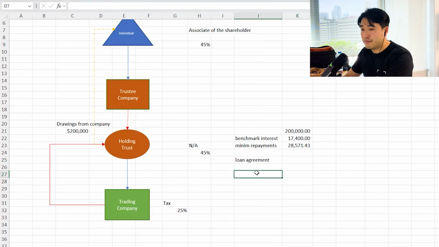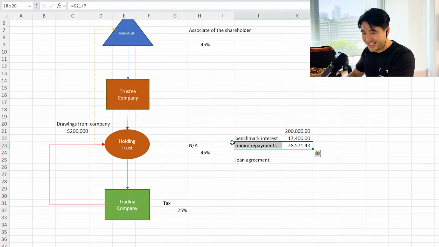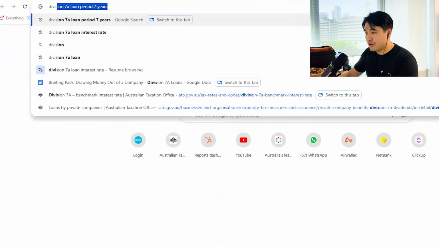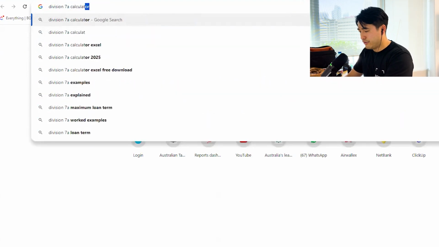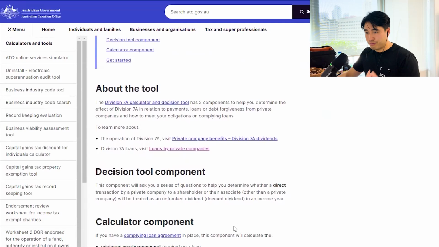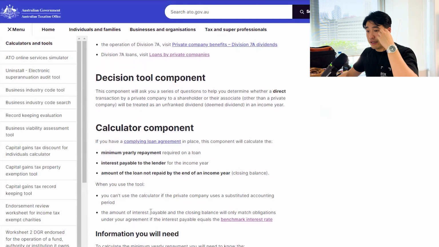The last thing that you have the problem with is always this, because you don't think about the loan. You don't actually think about this loan throughout the year or next year. So what you actually need to do, which we help you out on, is you go into the Division 7A calculator, the ATO, and then you actually put in the amounts that you borrowed, and it would automatically calculate how much your minimum repayments are.